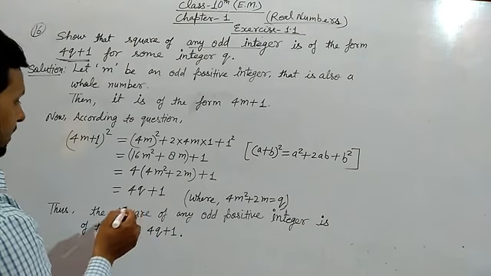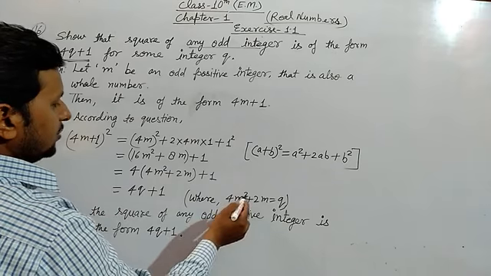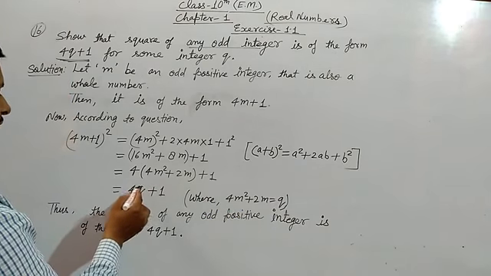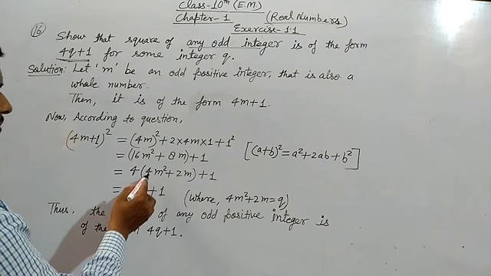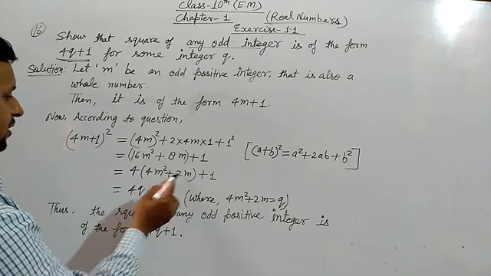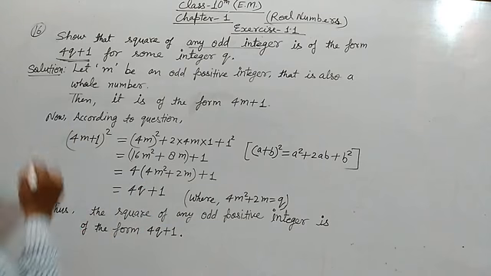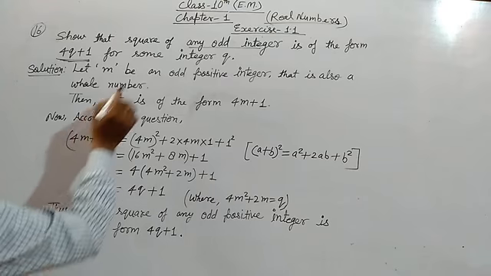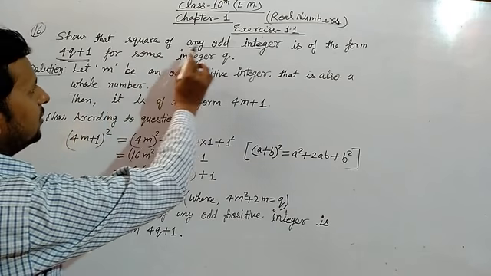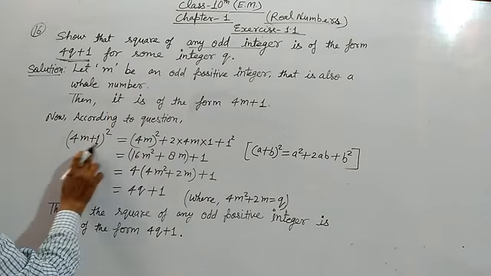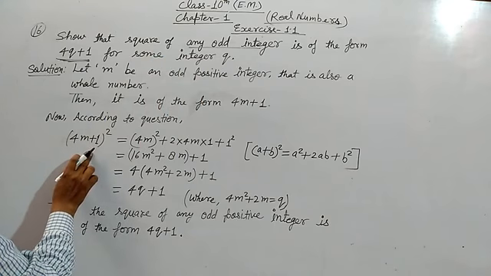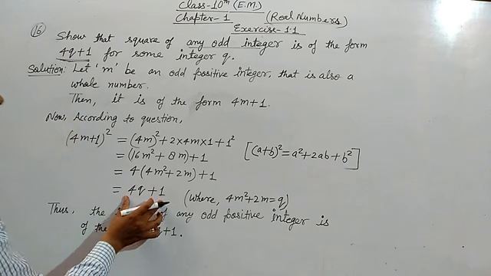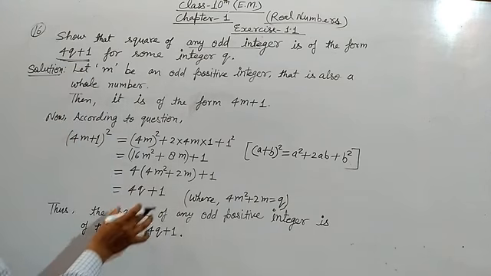Now we put 4m squared plus 2m equal to q. We can write 4q plus 1, putting q in the place of 4m squared plus 2m. Thus we can say that the square of this odd integer is of the form 4q plus 1.